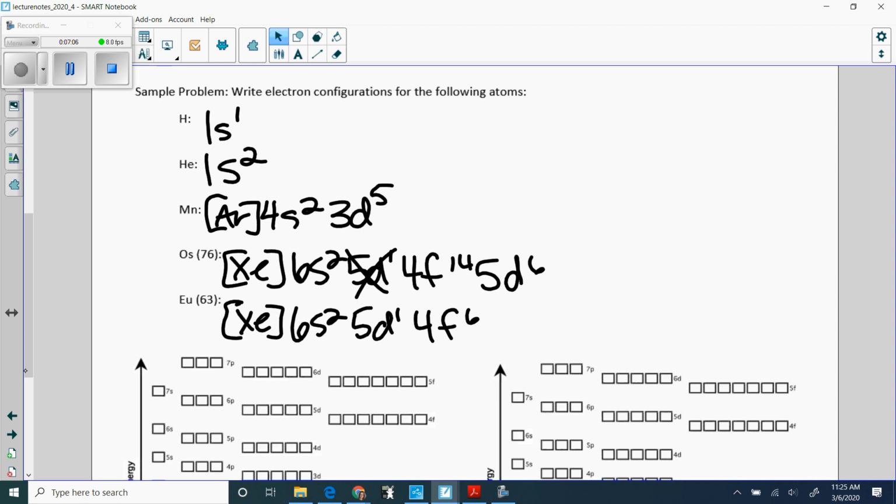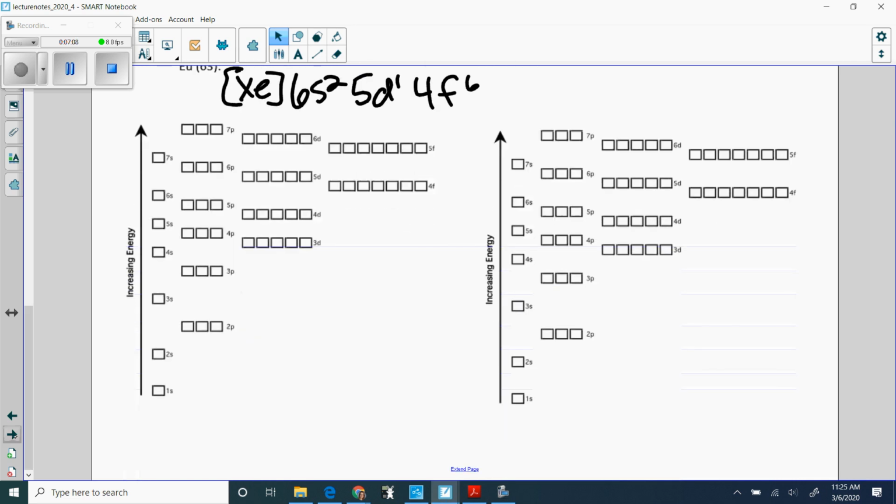We are going to start here on these orbital diagrams. Please write the electron configuration for oxygen to start. Oxygen.